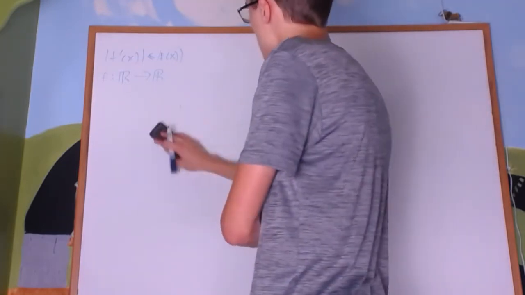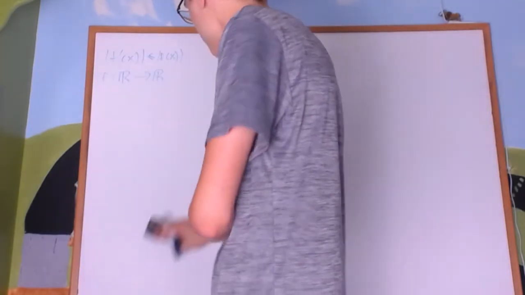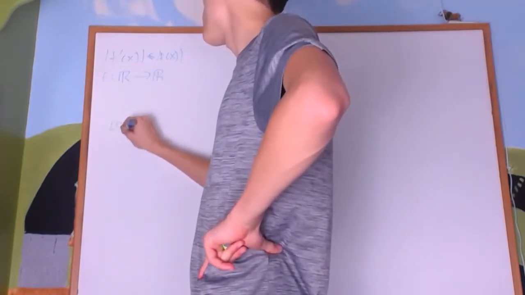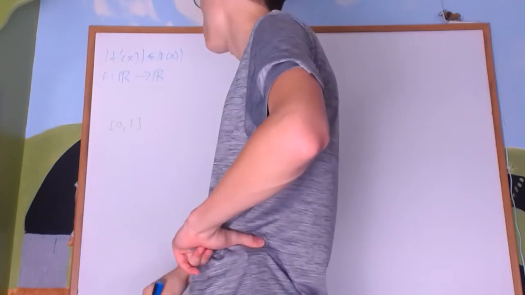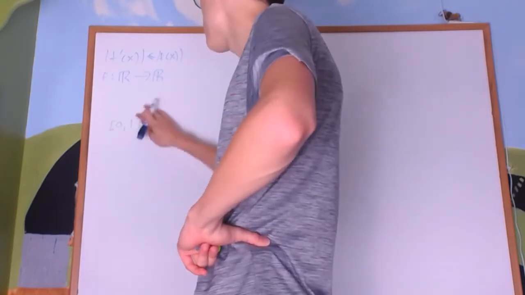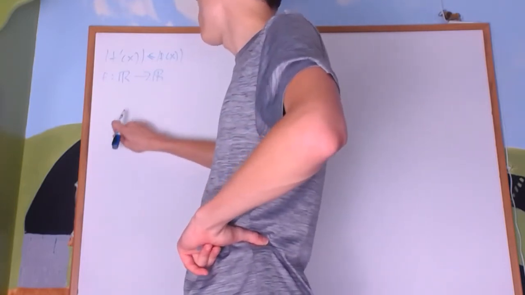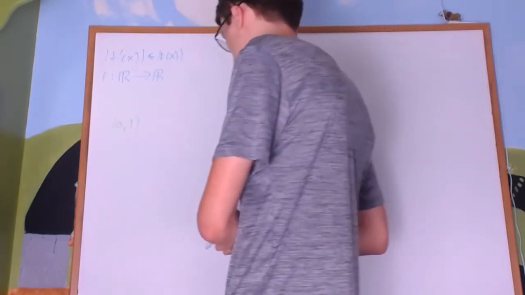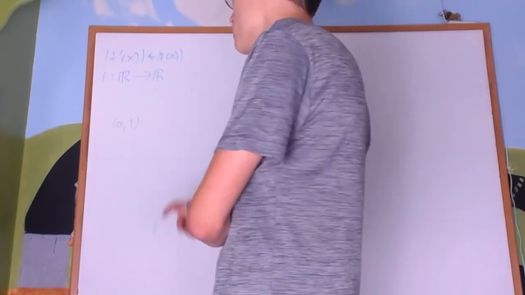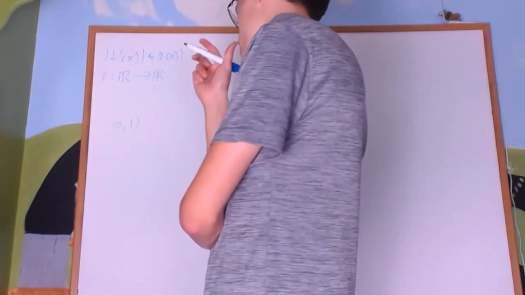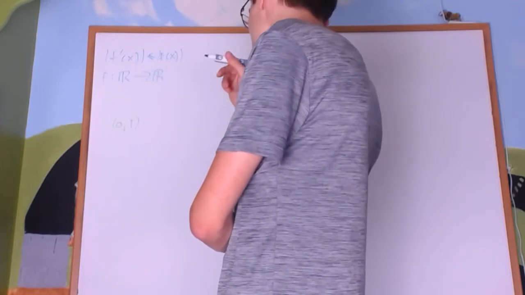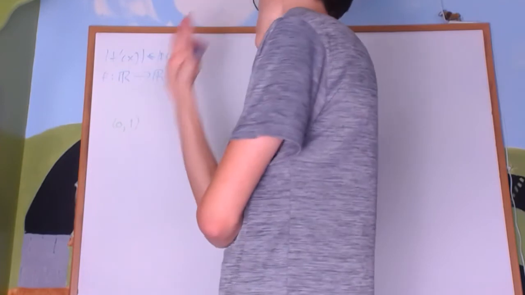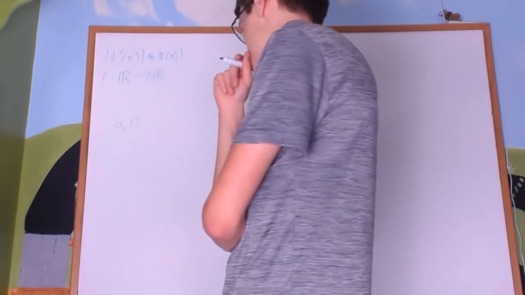So you could make this a question about the open interval from 0 to 1. So you can't have the boundaries. The boundaries are the important part, because if you had bounds, you'd instantly be able to do it, even if you just had a single bound.